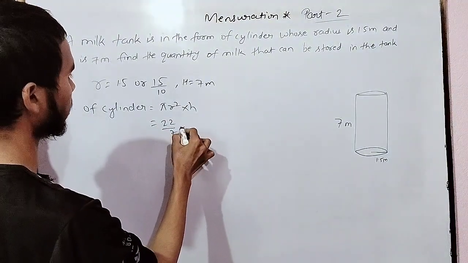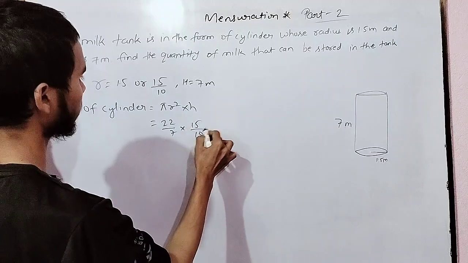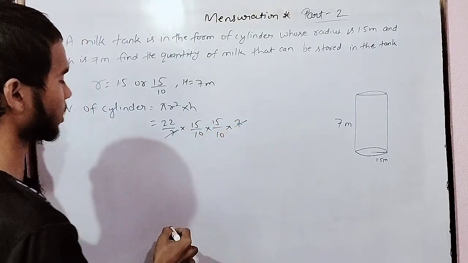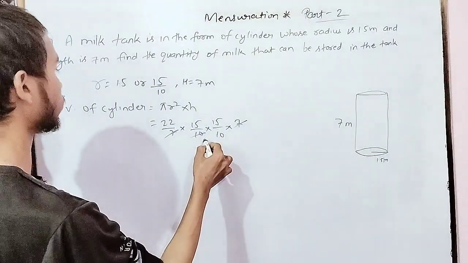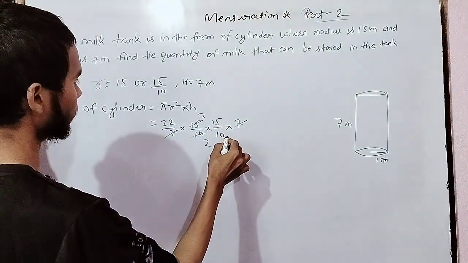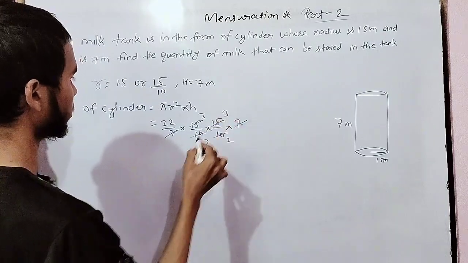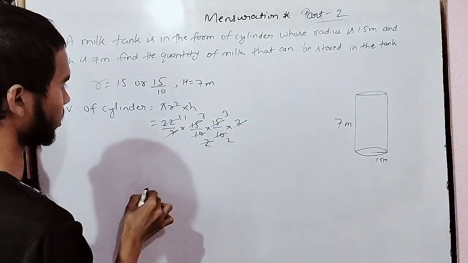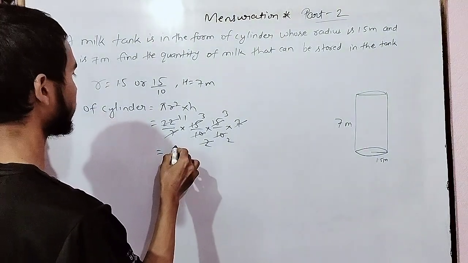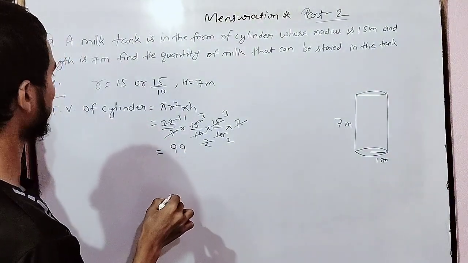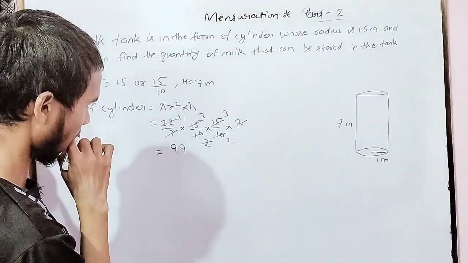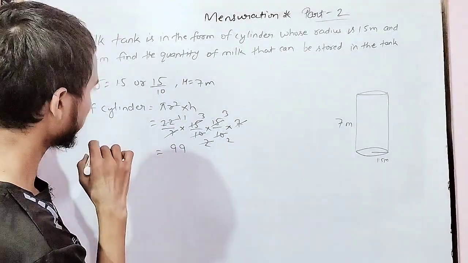Pi is 22 upon 7, r is 15 upon 10, 15 upon 10, h is 7. 7 will get cancelled. 5 2s are 10, 5 3s are 15. 2 11s are 22. 3 3s are 9, so 99.